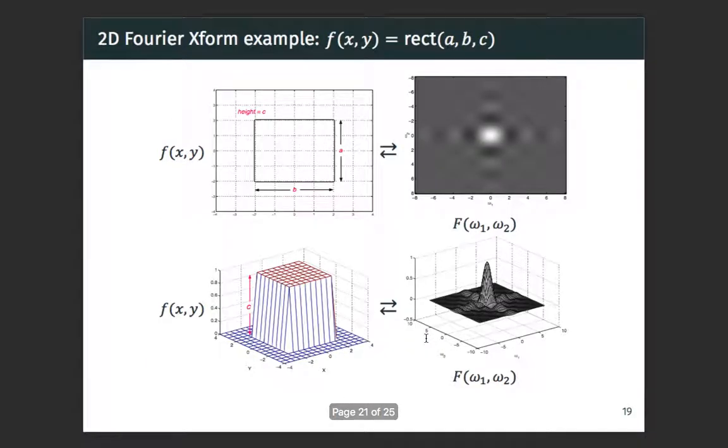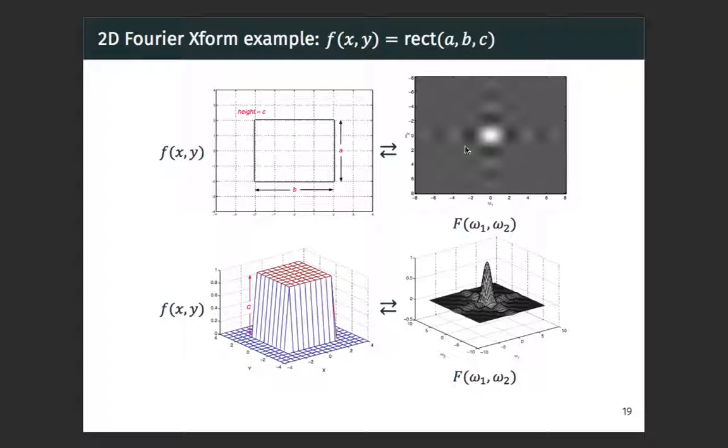So let's see what it looks like. On the left, you have the picture domain, and on the right, you have the frequency domain. So that's your definition of the function, and you can see here a profile of what it looks like.